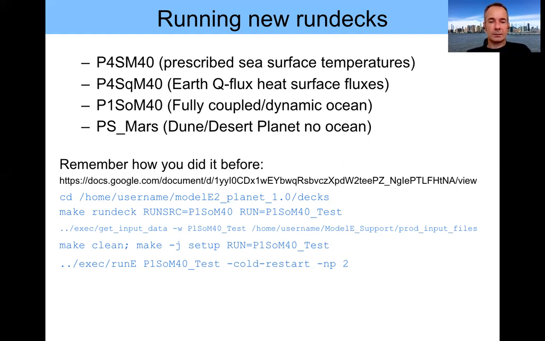And then after you have created your randec and you have made any changes you want in it manually in this P1SOM40_test, you can change anything you want in there that makes sense to your experiment. Then you do the make, which essentially compiles the model. We do have a make clean here at the front.